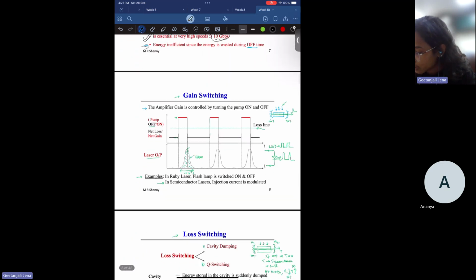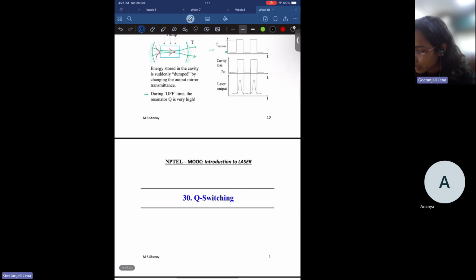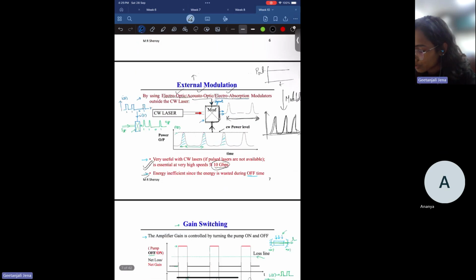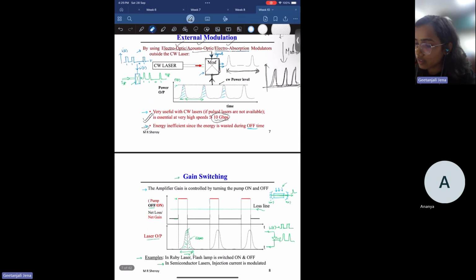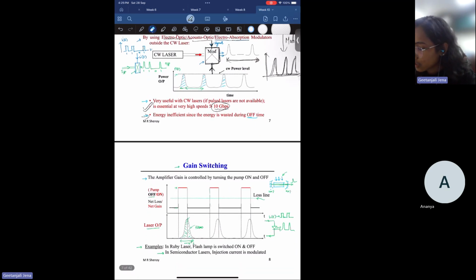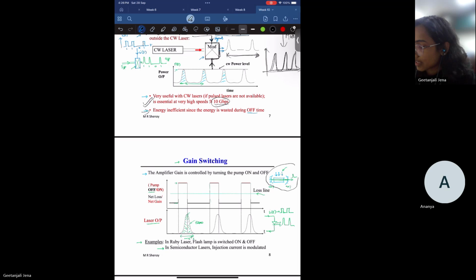Next one is gain switching. In gain switching, instead of applying an external modulator, we control the pump. If you see this figure, this is the schematic of a laser oscillator.